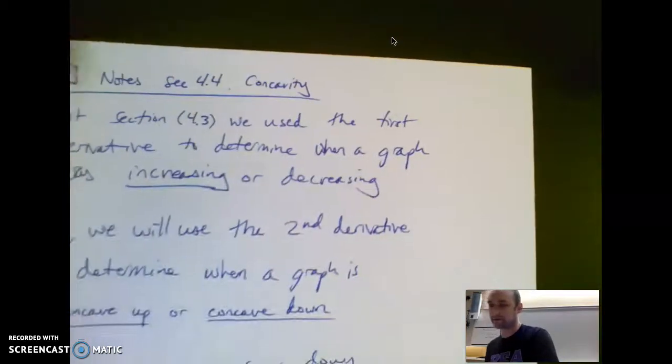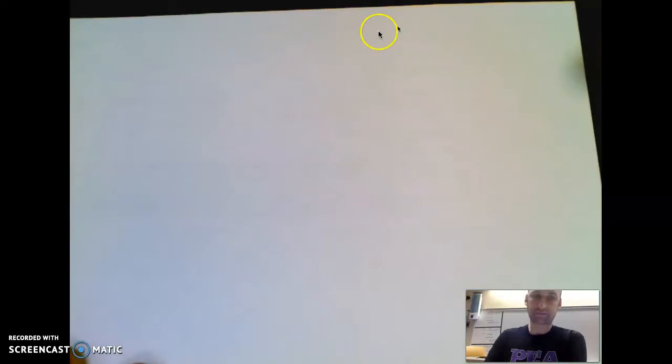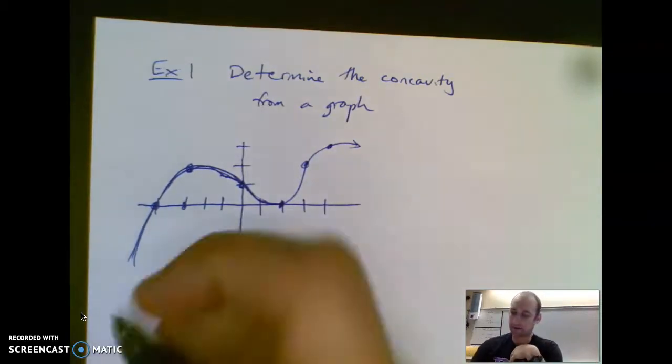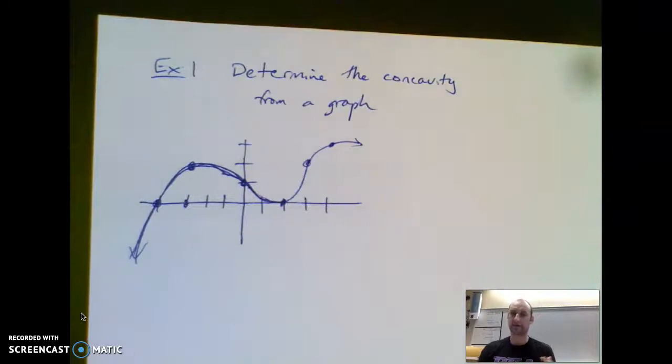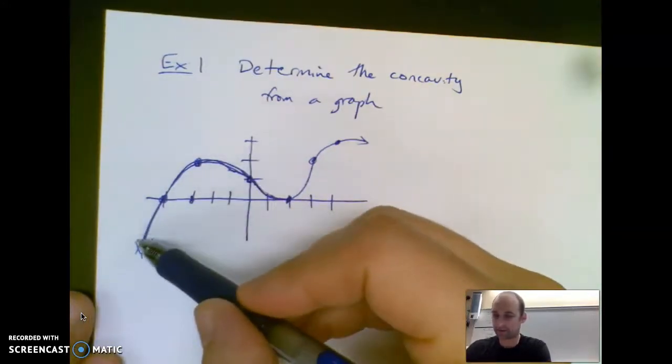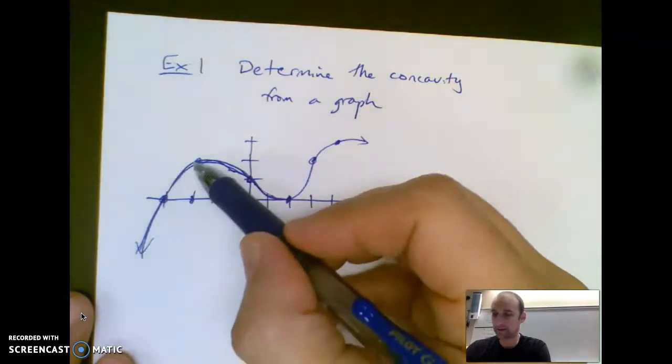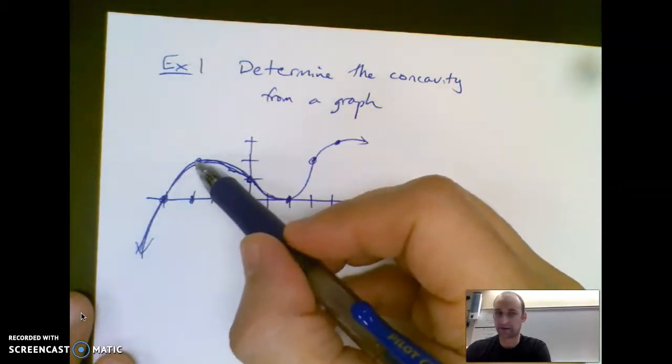So let's draw another quick picture of one. Okay, so let me get a picture here just to save some time. All right, so on this one, if you just have a crazy looking graph, we can determine where is it concave up and where is it concave down. So when I'm looking at this, I'm not looking for where is it increasing, because if I was, I would say from negative infinity to -3, my graph is going up.